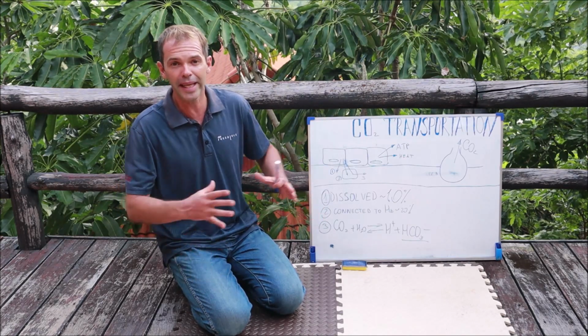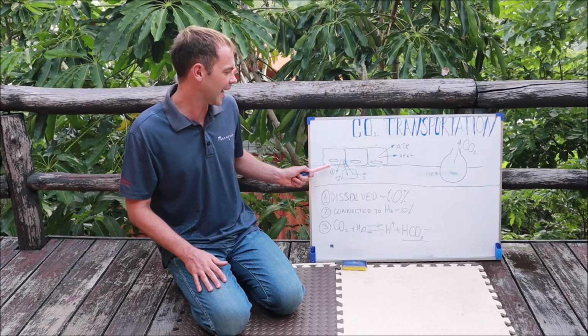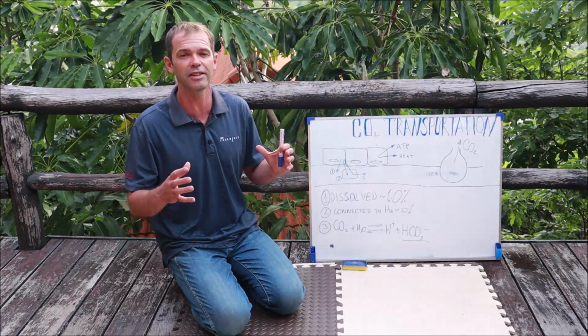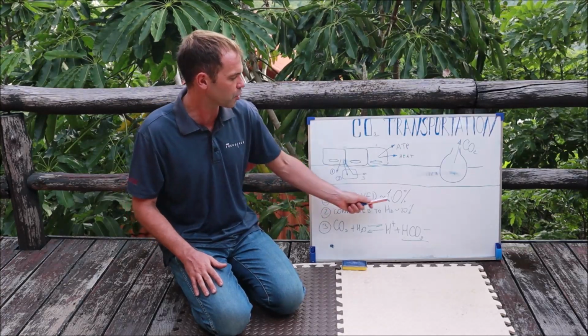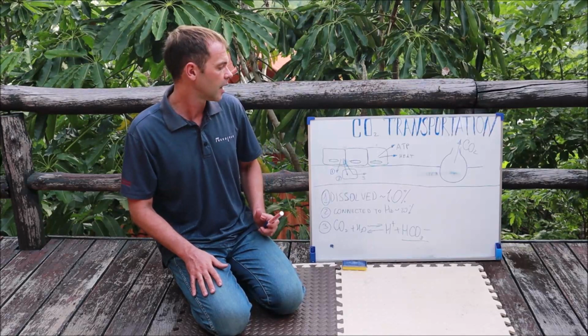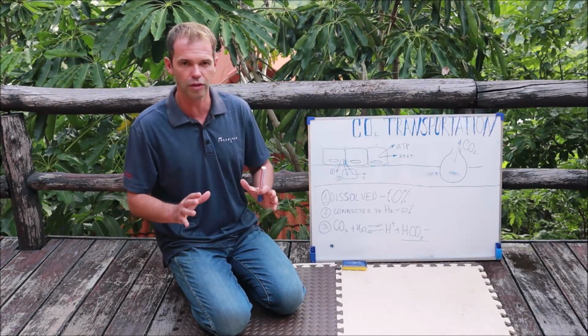Then about 20% is going to diffuse inside the red blood cells, and then it's going to be connected with hemoglobin. So 20% of the carbon dioxide is transported in our body in connection with the hemoglobin.